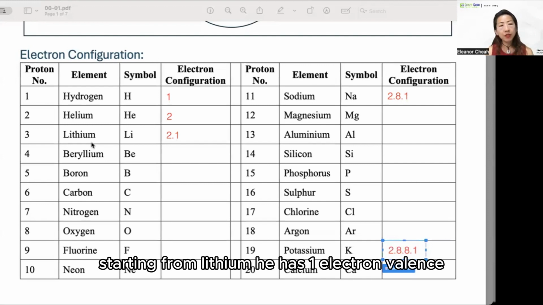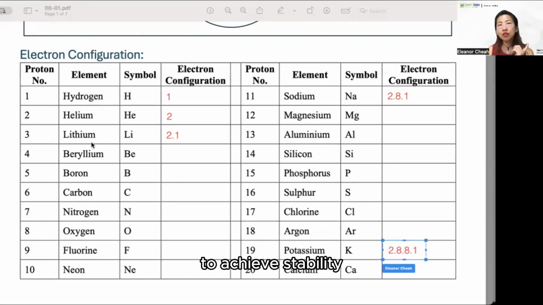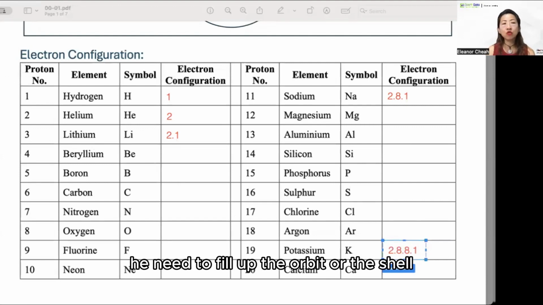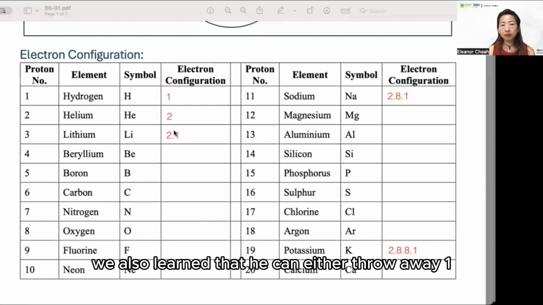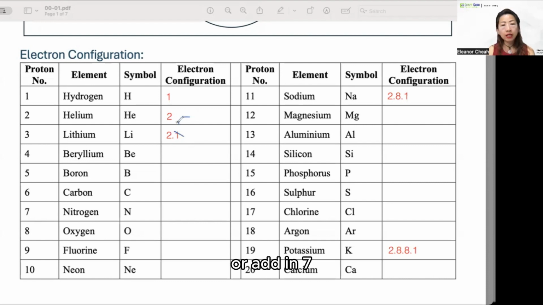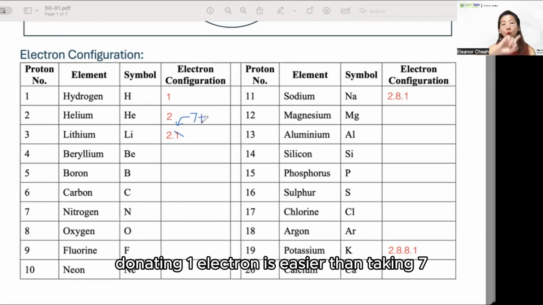Lithium has 1 valence electron. To achieve stability, it needs to fill up the shell. We also learned that it can either throw away 1 or add in 7. Of course, donating 1 electron is easier than taking 7.